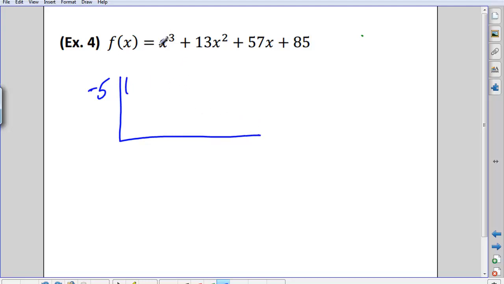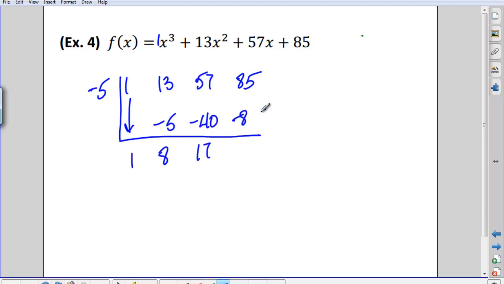We have a 1x cubed, 13x squared, 57 and 85. Try not to make any mistakes this time. Okay, so there's a remainder of 0.